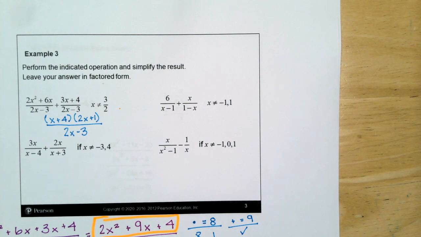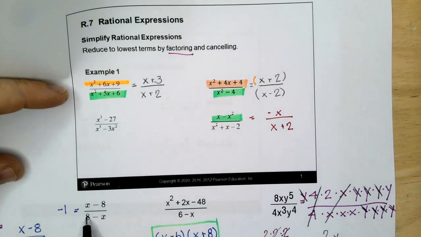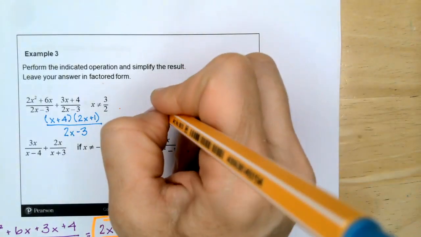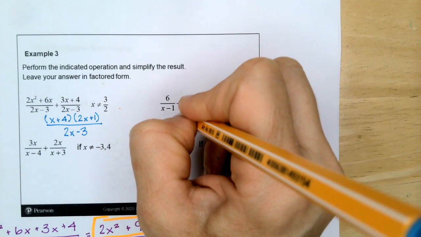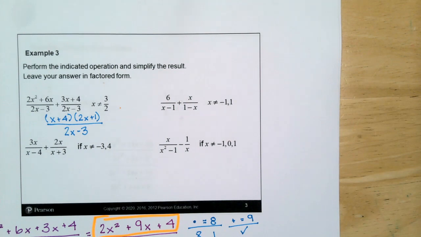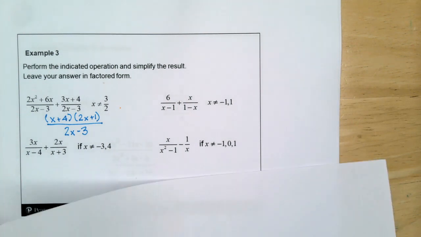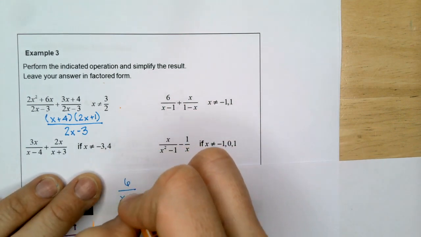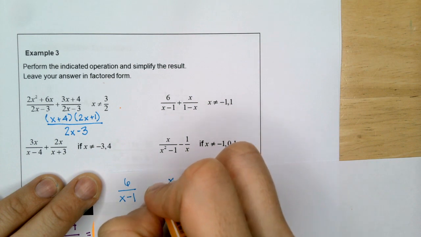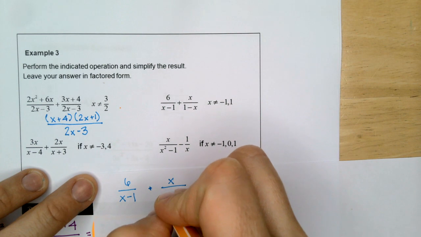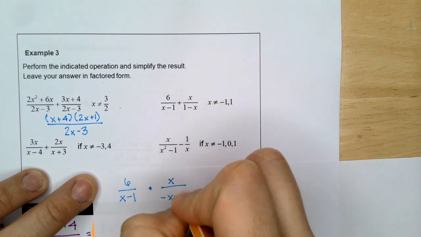We look at our first example. x minus 8 divided by 8 minus x is just negative 1. So what we do is we say this is going to be multiplied by negative 1. So our second problem: 6 divided by x minus 1 plus x divided by, instead of calling this 1 minus x, I'm going to call this negative x plus 1.